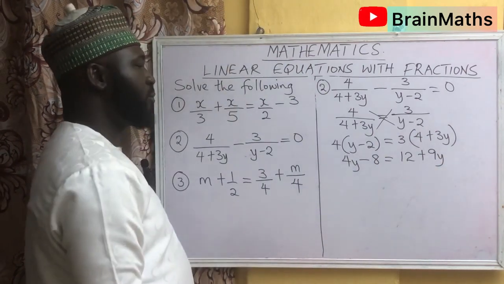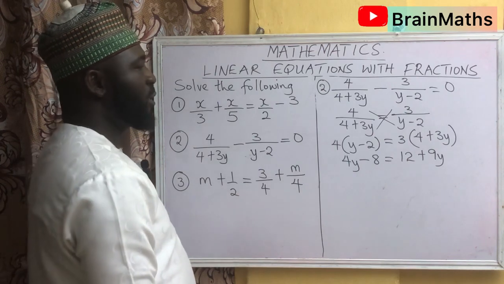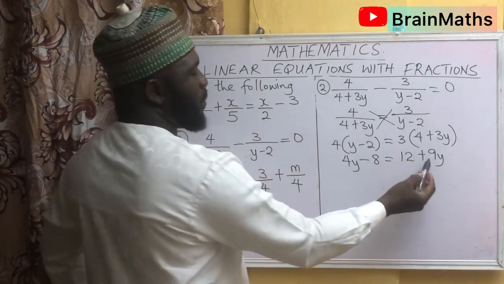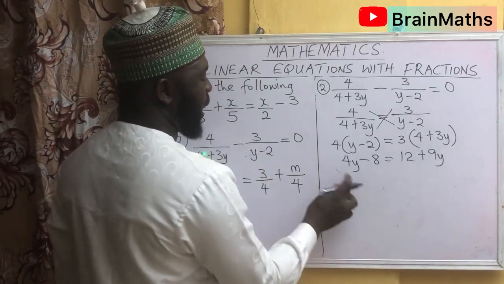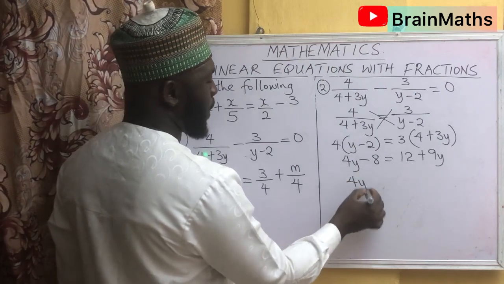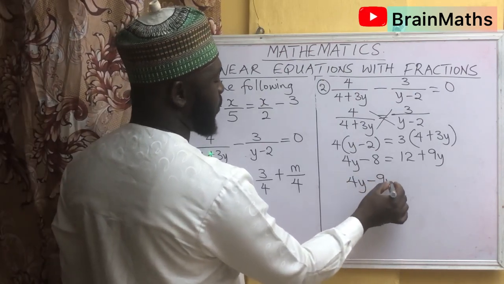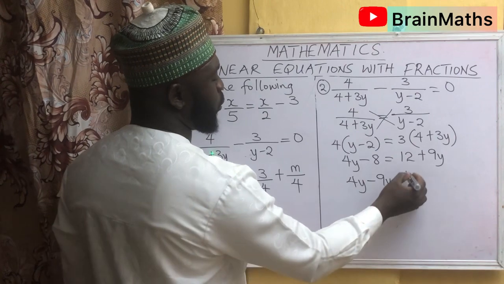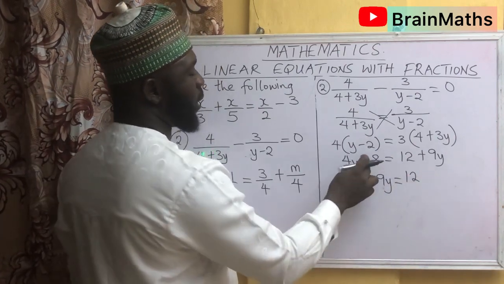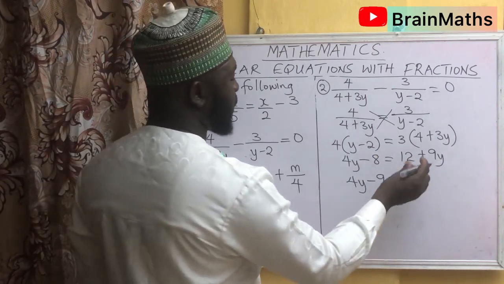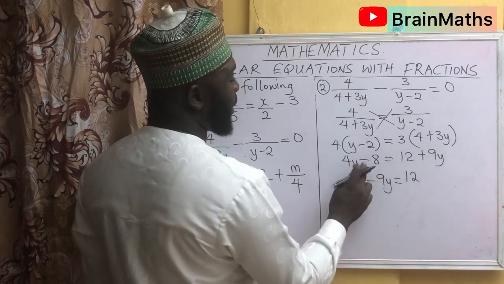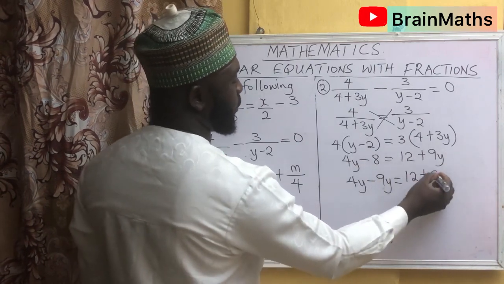So the next thing is to collect like terms. So we are bringing the positive 9y to this side. So we have 4y minus 9y, which is equal to 12. The negative 8, when it goes outside, becomes positive.